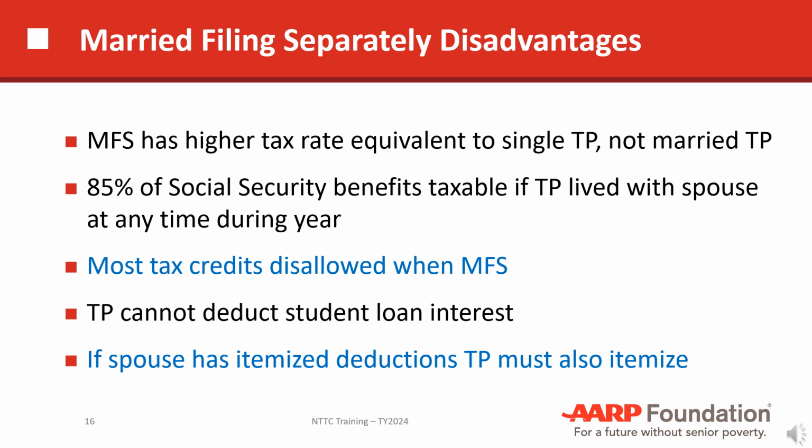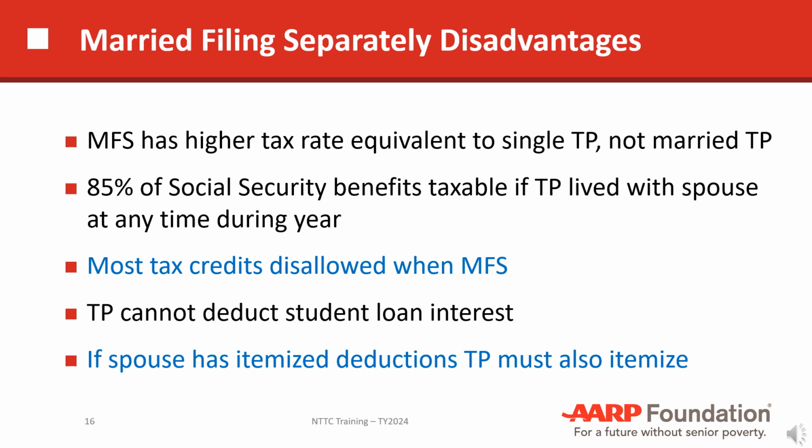So in a married situation, if they only have Social Security, many taxpayers don't pay any tax at all on their Social Security. But when filing separately, they could get stuck with 85% of their Social Security income being taxed.